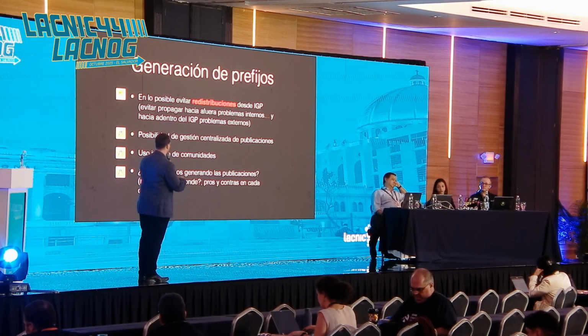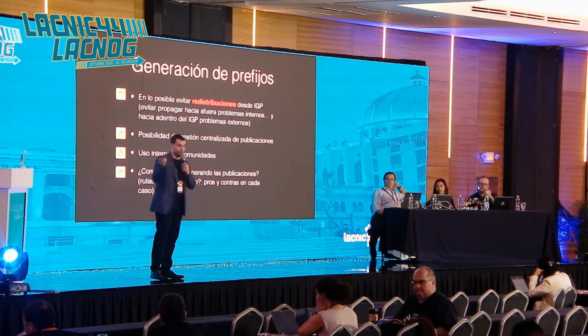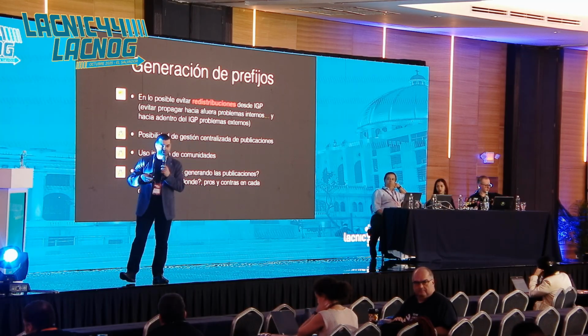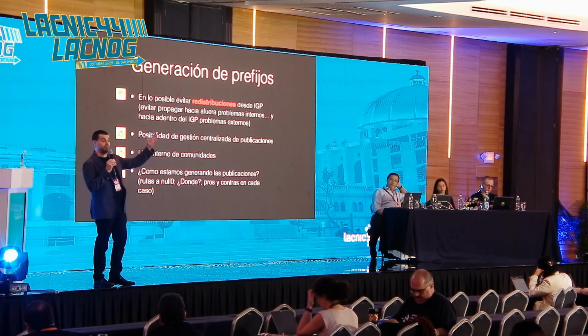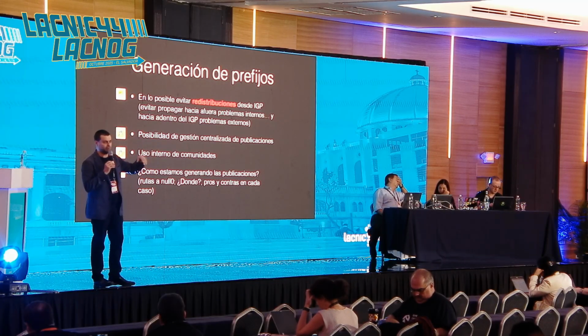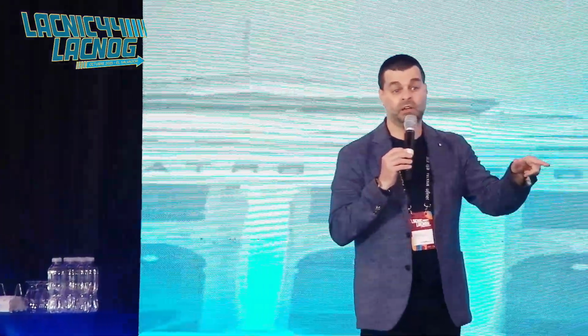So, possibilities of centralized management of publications. Well, usually, to generate a BGP publication to the peer, there are several things that need to be met. Basically, you need to have the route in the routing table of the device, and you need to put the appropriate network statement for that prefix in the BGP session.